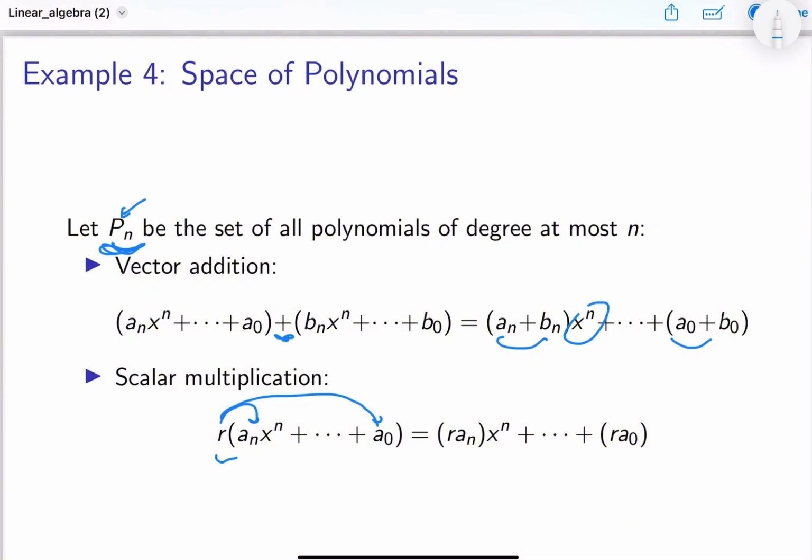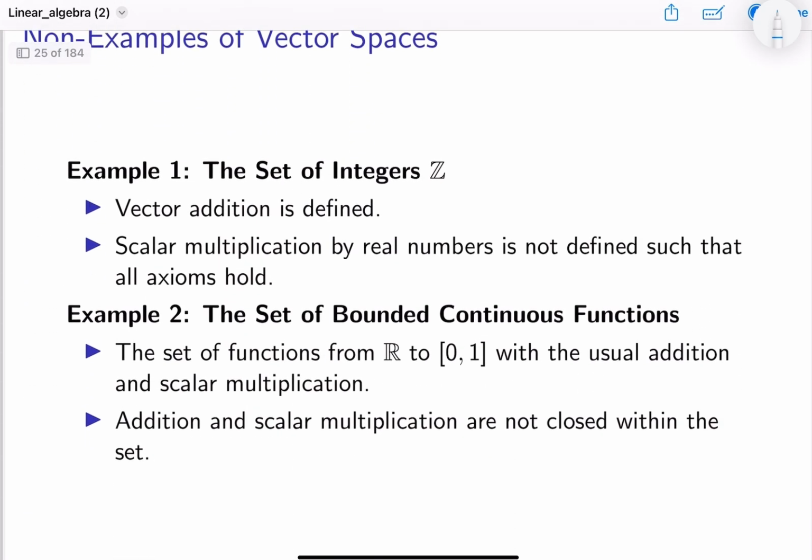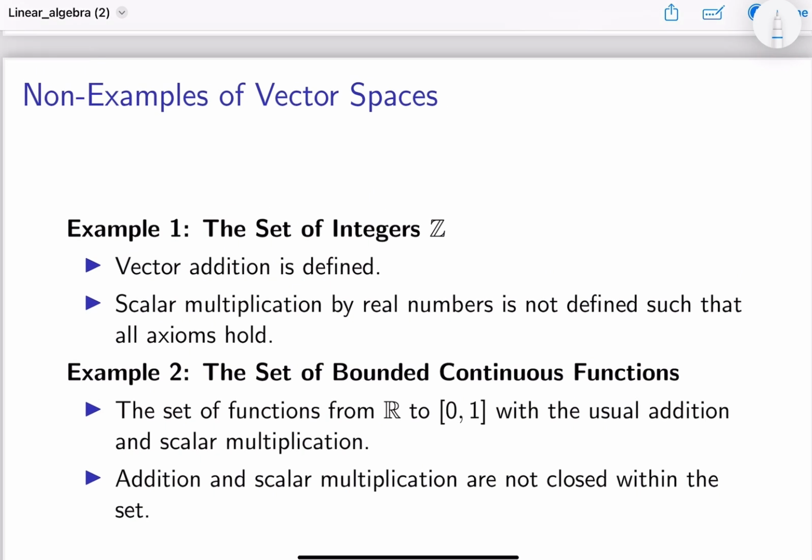So now polynomials are called vectors because the space of polynomials is a vector space, and we're going to talk about more examples later. But before we wrap up this video, let me give you a non-example, something that is not a vector space. So let us see what's a non-example.